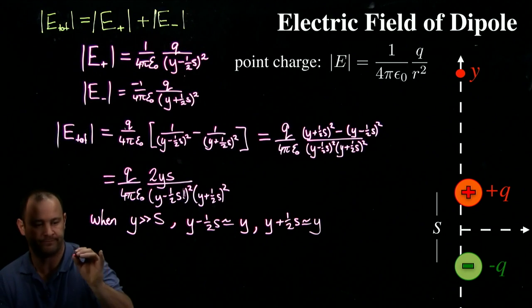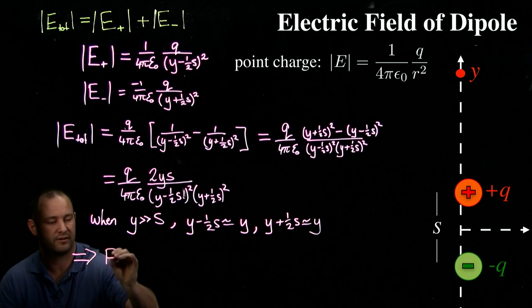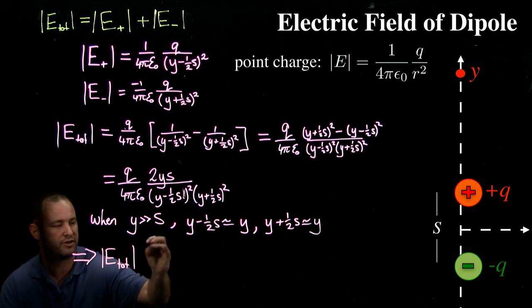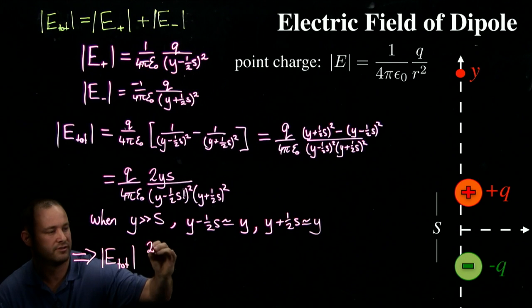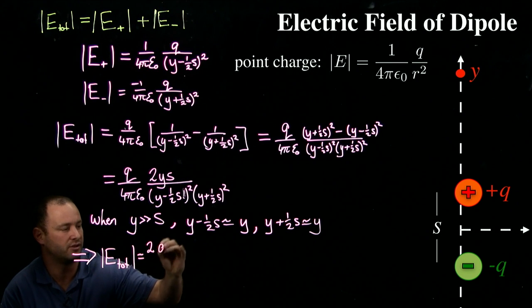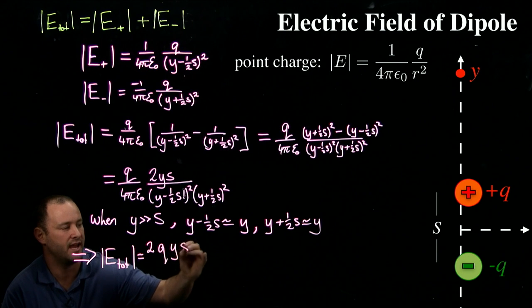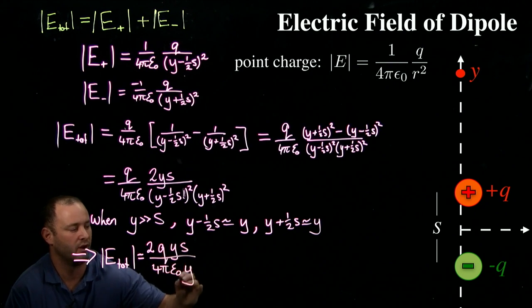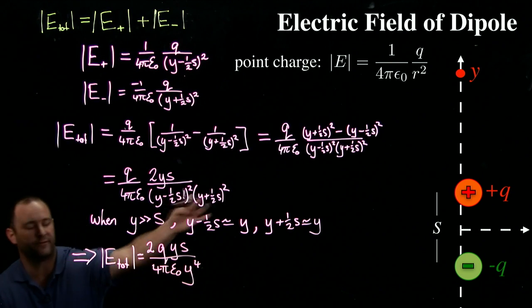So in this limit, the magnitude of E far away from my source is approximately equal to 2 Q y S on 4 pi epsilon naught y to the 4. So this y to the 4 comes from in there.